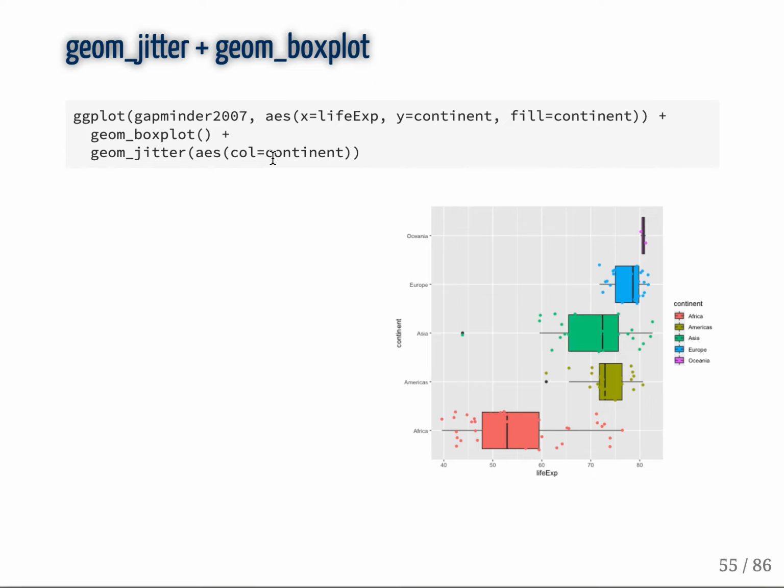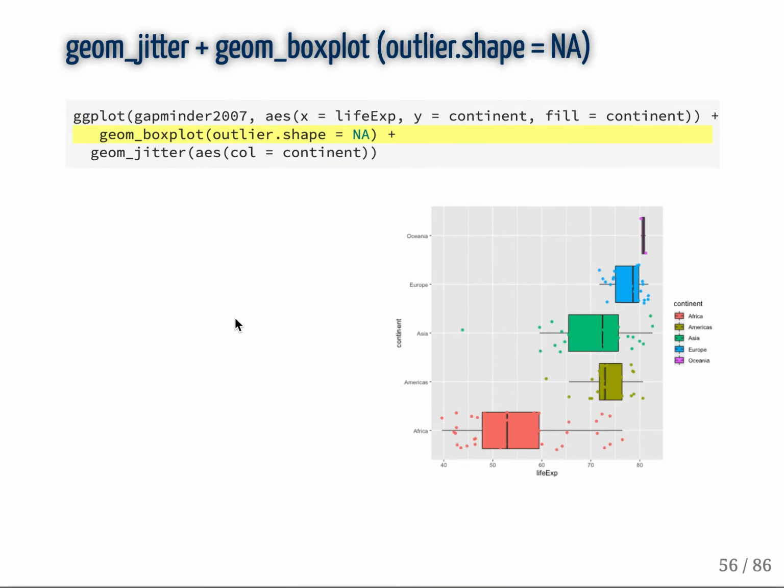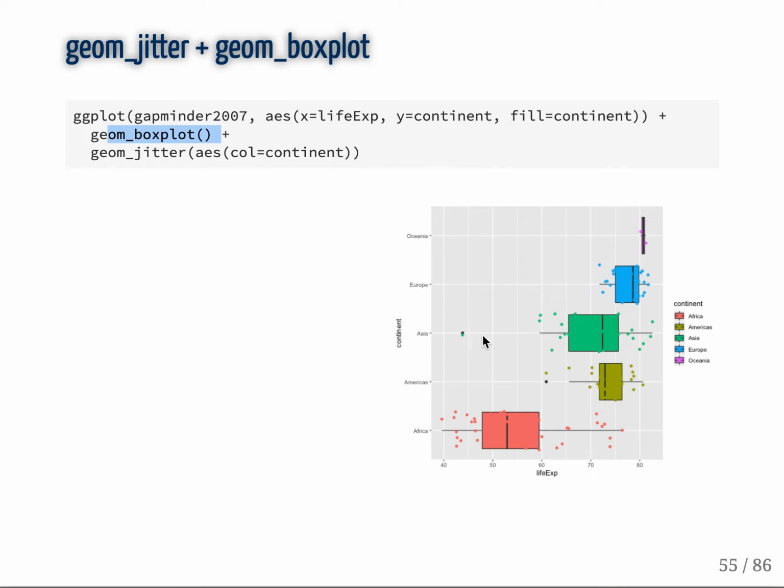Here you can see the outliers are plotted twice, here and here. The black outliers come with the geom_boxplot layer. The colorful ones are associated with the geom_jitter layer.